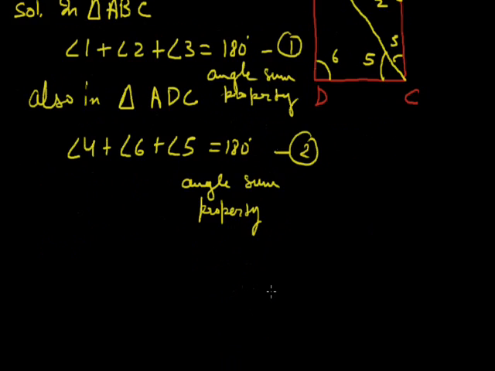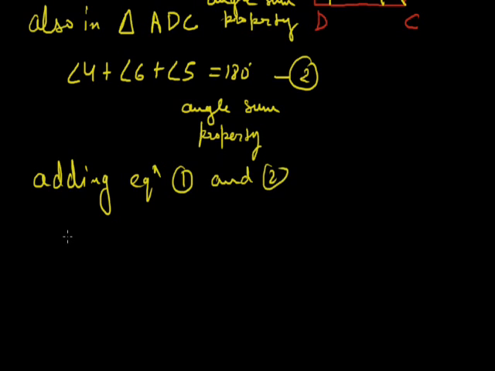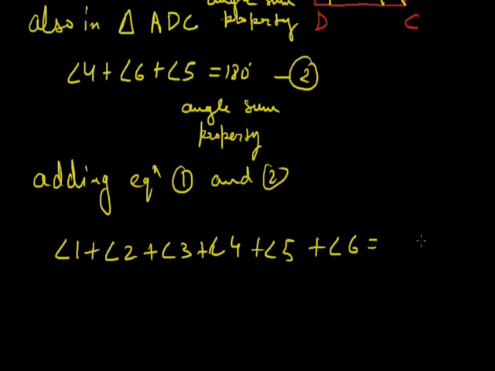Now on adding equation 1 and 2, we get angle 1 plus angle 2 plus angle 3 plus angle 4 plus angle 5 plus angle 6 is equals to 180 degree plus 180 degree.